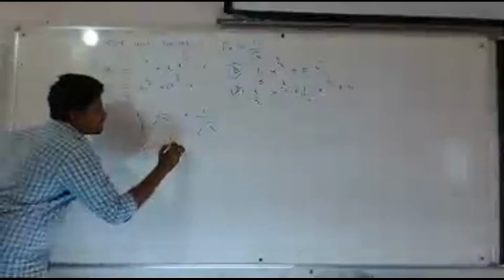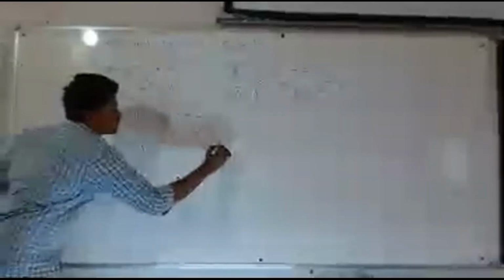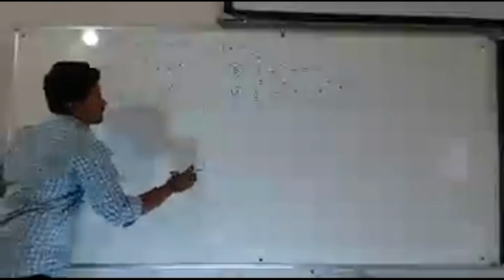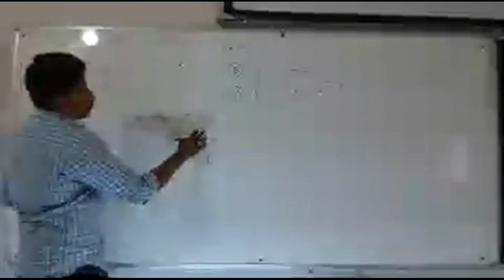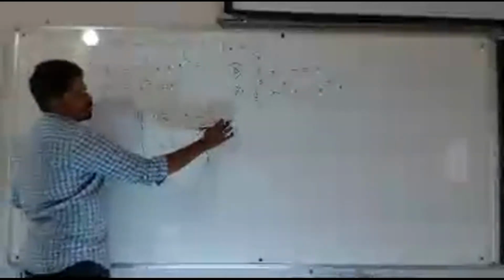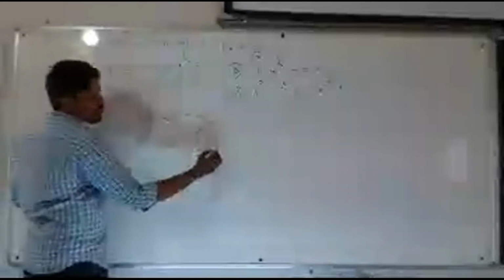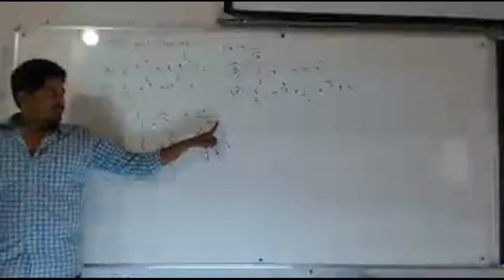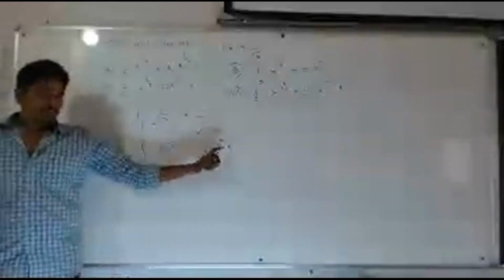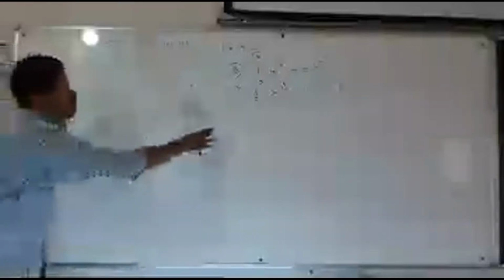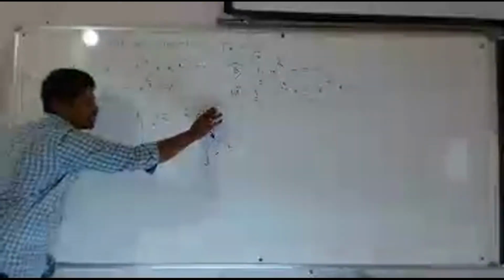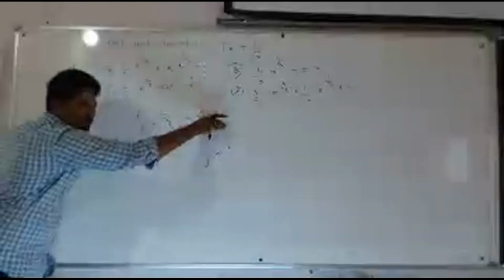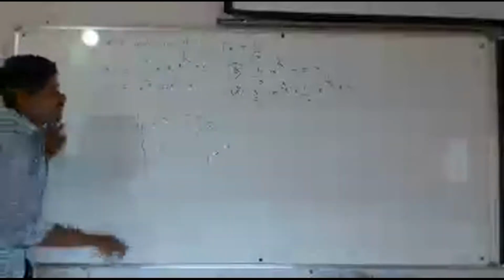Root x we can write as x power 1 by 2. If it goes up, it will become minus 1 by 2. Don't get confused in the step. If anything from down goes up, it will become negative.